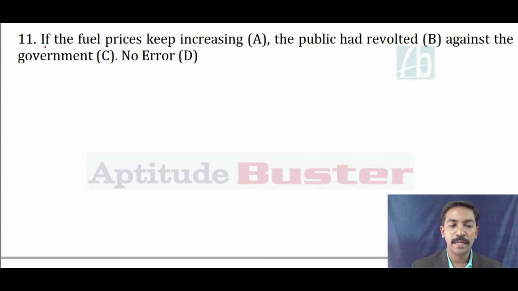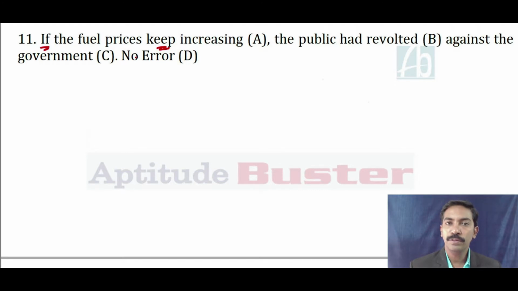Let me take you through the indicators alone. There is a word if, which means the given sentence must be a conditional clause. Try to find out which condition it talks about. If fuel prices keep increasing. So the if clause indicates that this must be a probable condition, because it uses simple present tense in the if clause.